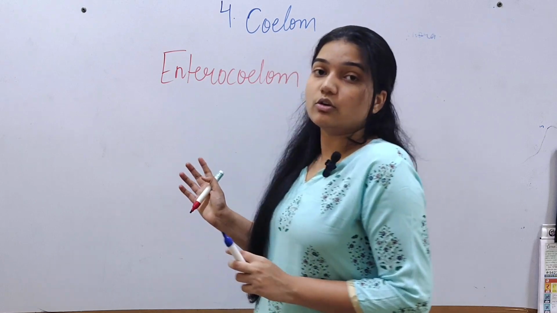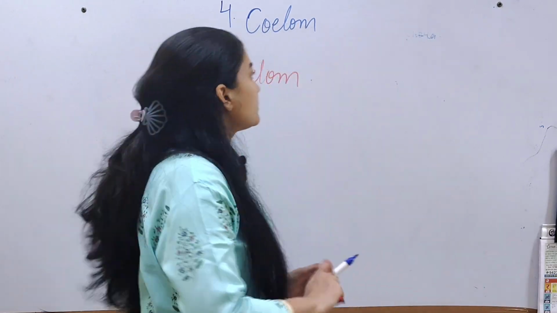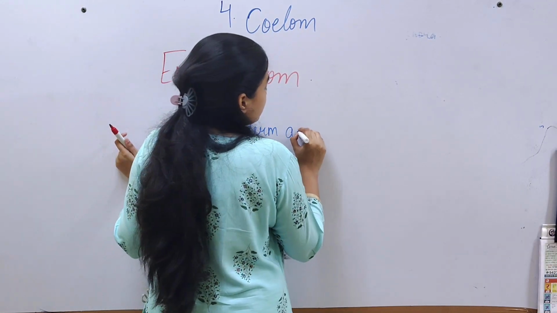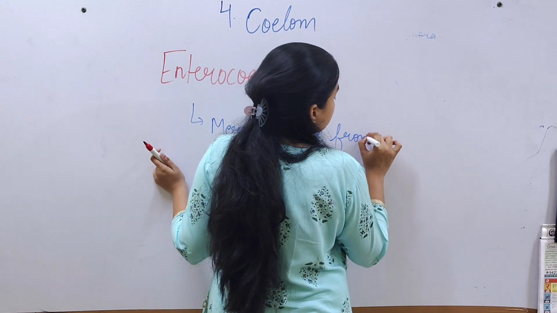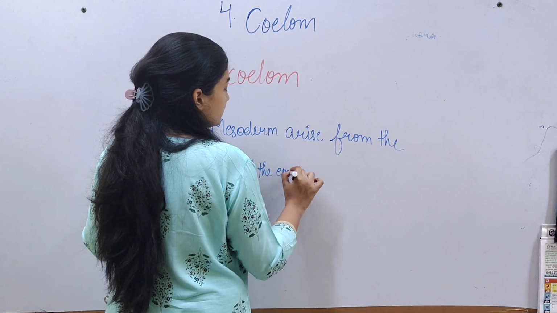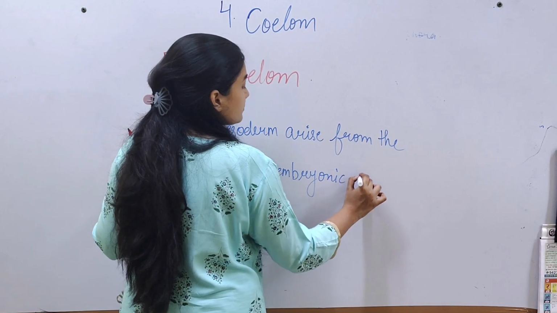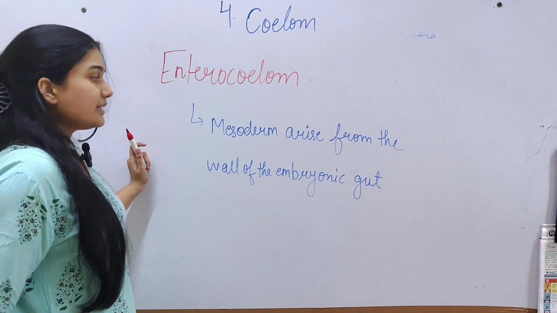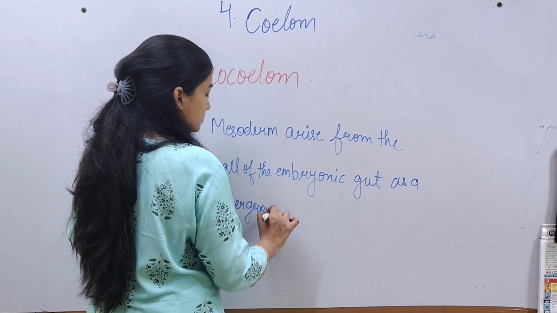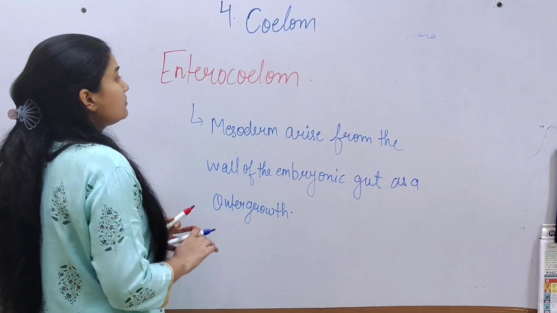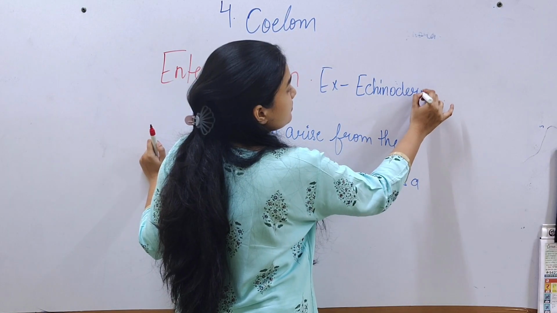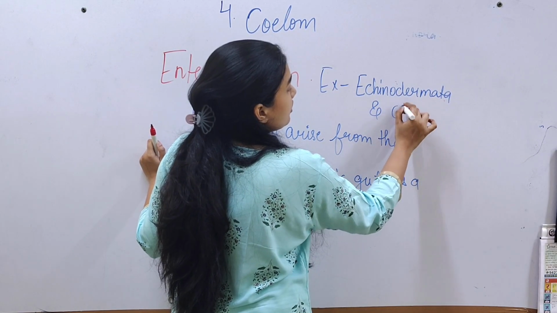The examples of enterocoelom are echinodermata and chordata.